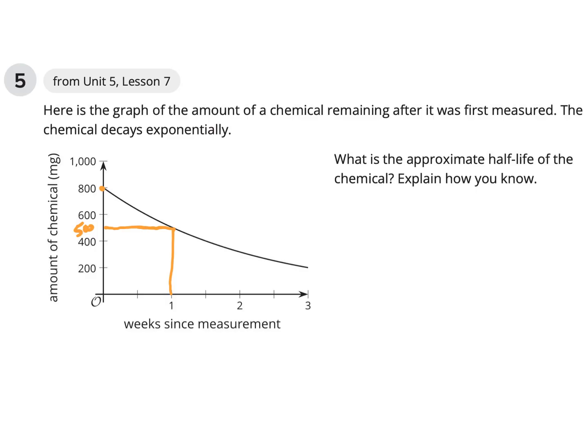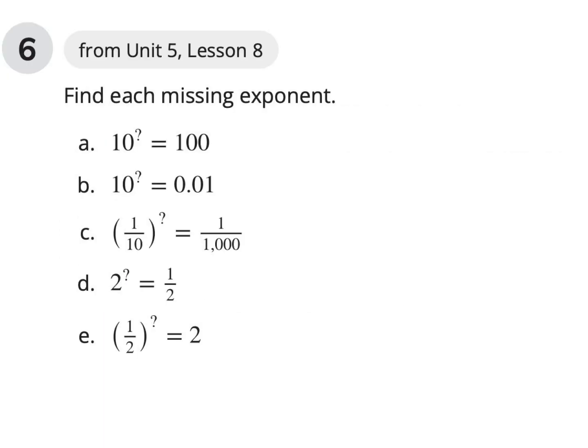Okay, so half of 800 is 400. So one interval didn't work. So that's 1.5. So when y is 400, x is about 1.5. So it's about 1.5 weeks.